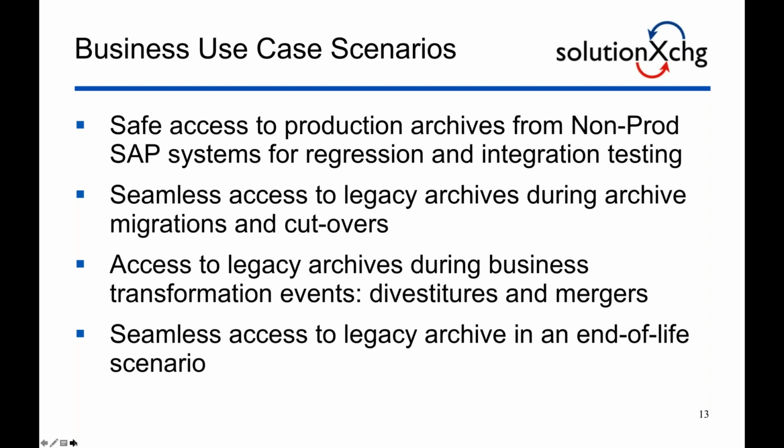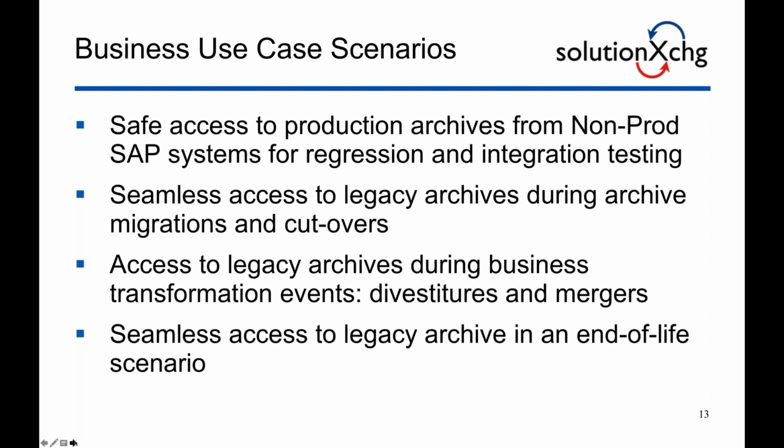The next use case will be, and this is again because that's what we're coming across in our line of business today a lot, because we are helping customers replace their existing archive systems or help them in merger and split situations or divestitures where they need to give access to certain types of documents to the companies that they've spun off, and so on.